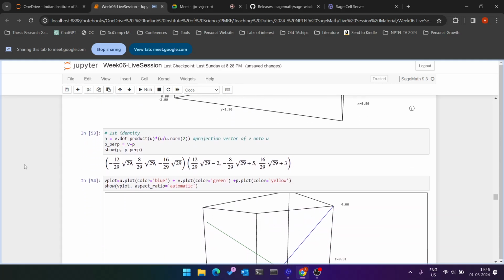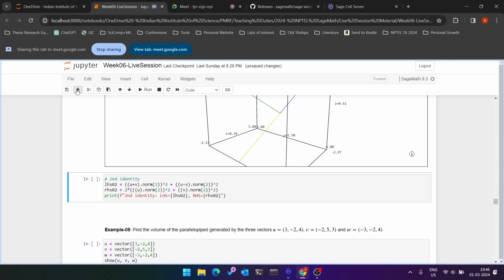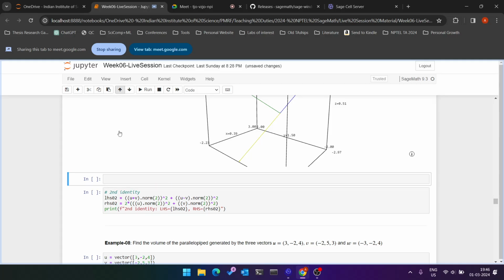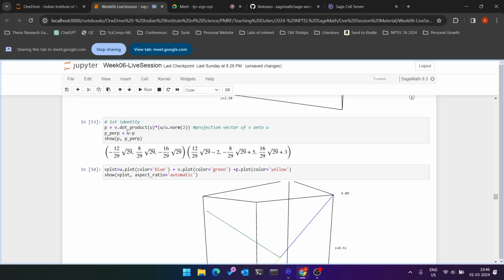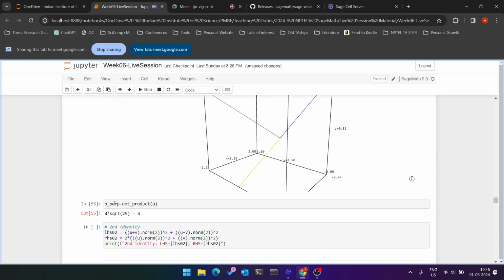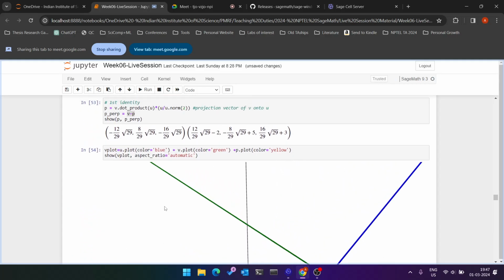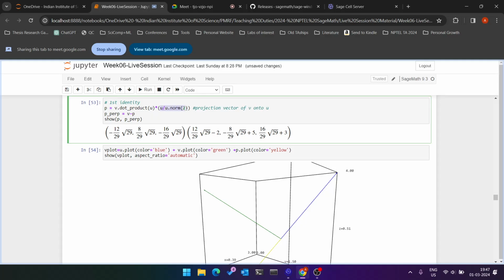So to show that, we also have to do p perpendicular dot product u. I think I have made a mistake here itself.